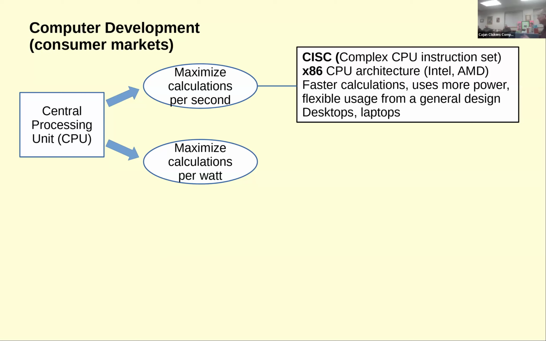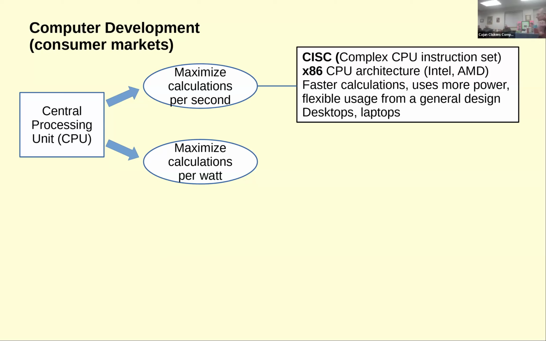So x86 is that language, and essentially the language that started is still here. They've added things onto it, but the grammar and the basic commands are still as they were in 1978. And what they designed for was speed.